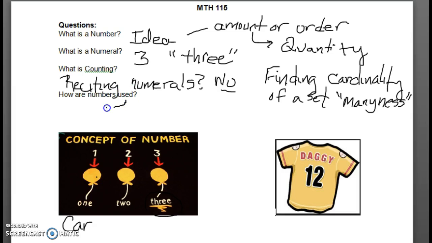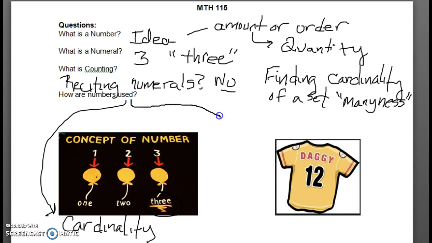Okay, so how are numbers used? Cardinality is certainly one of the uses of numbers. Another way we use numbers that really has nothing to do with numbers is in an instance like this, where this looks like maybe a baseball jersey. And we use numbers all the time for identification.